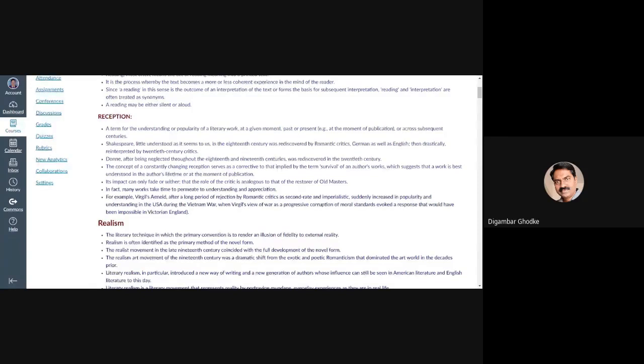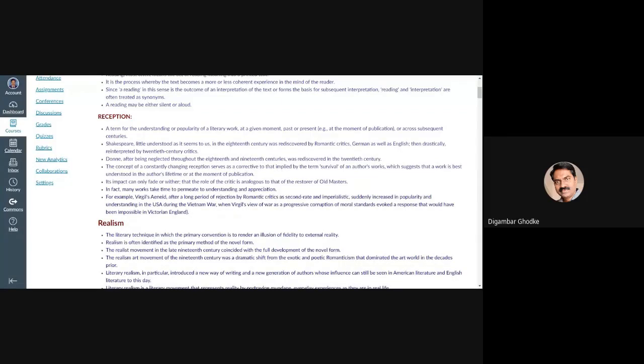So, on this basis, we come across the concept of a constantly changing reception from time to time. And this concept of constantly changing reception serves as a corrective to that implied by the term survival of an author's works. Means a text might be received differently in different centuries.